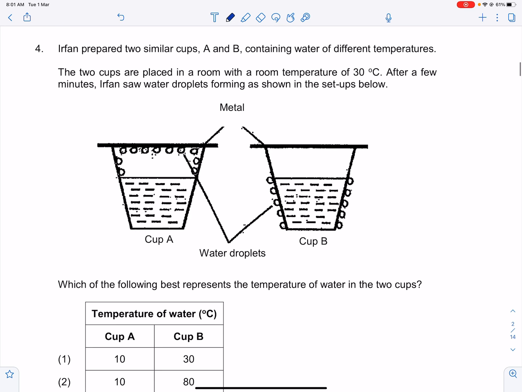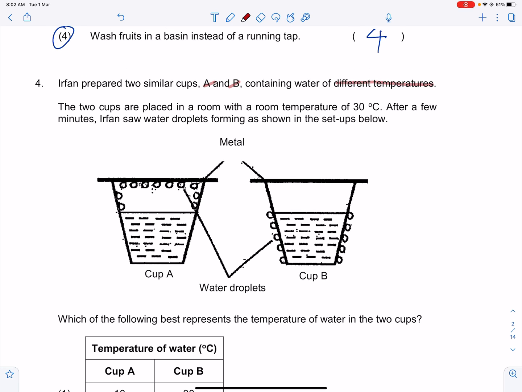Question number 4. Irfan prepared 2 similar cups A and B containing water of different temperatures. The 2 cups are placed in a room with a room temperature of 30 degrees. After a few minutes, Irfan saw water droplets forming as shown in the setup below. So this is an experimental setup.